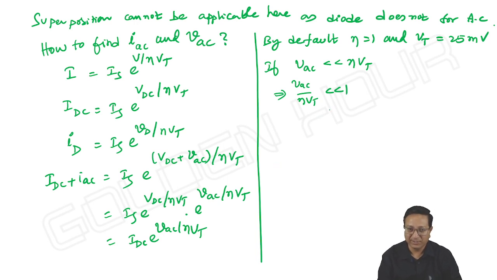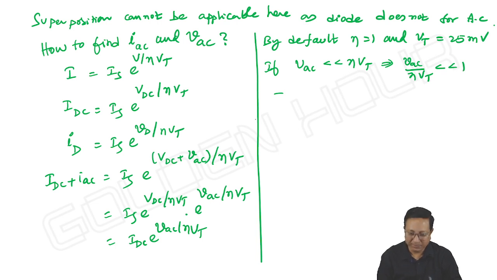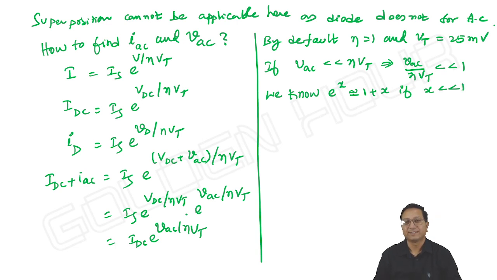Why am I writing all those things? We know e power x is approximately equal to 1 plus x if x is far less than 1. Similarly, VAC by eta Vt is far less than 1.